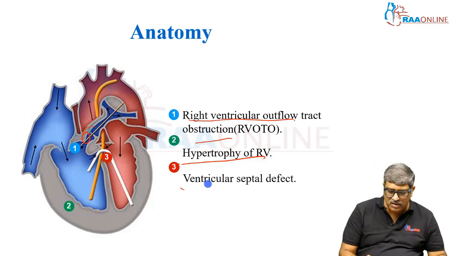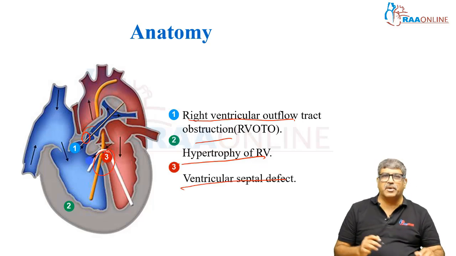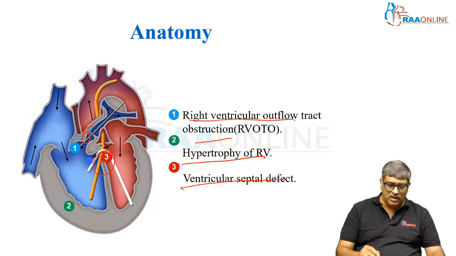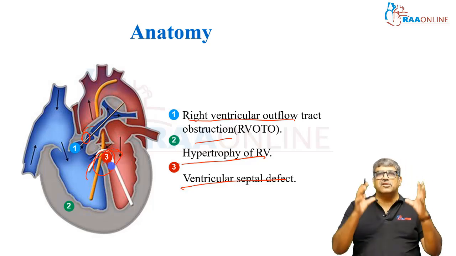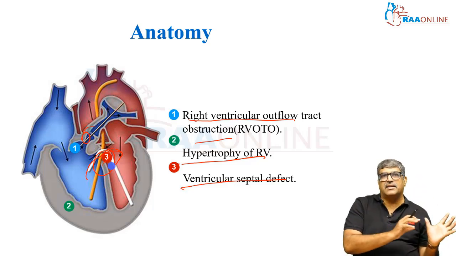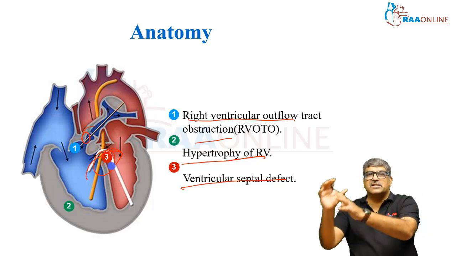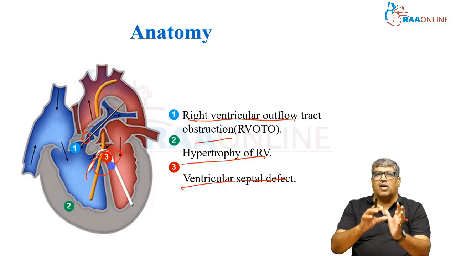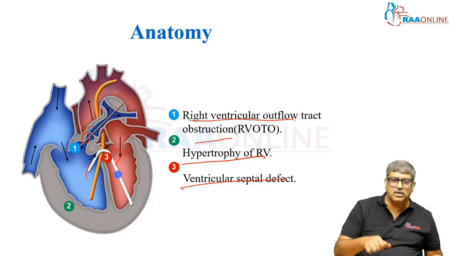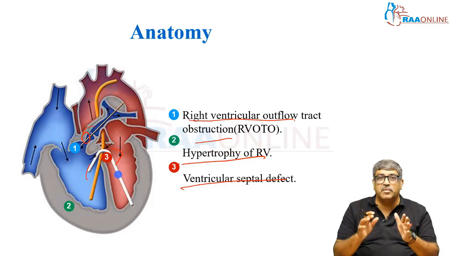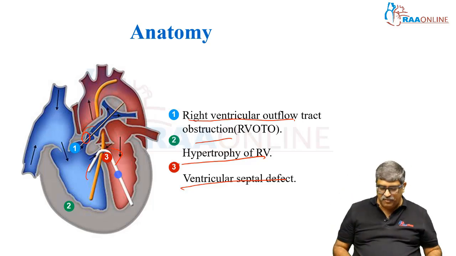And the third one is a ventricular septal defect. The blood from the right ventricle goes into the left side because your right side pressure is high, and there is a right to left shunt, oxygenation does not happen and there is hypoxia. That is the third defect, and this is a perimembranous and malaligned VSD.